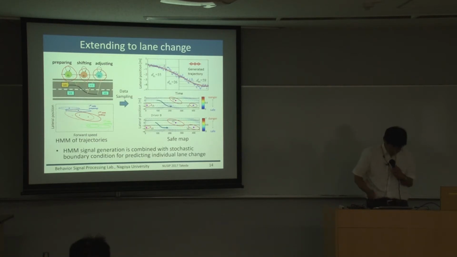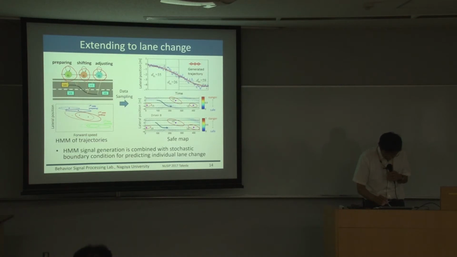We have three states, and then by sampling this sequence of states by throwing a dice, we generate as many possible but probable vehicle trajectories as possible, like this.